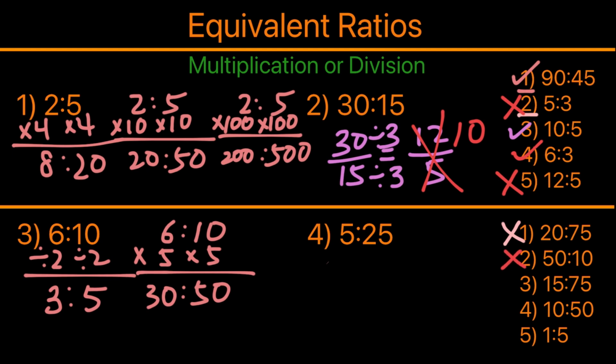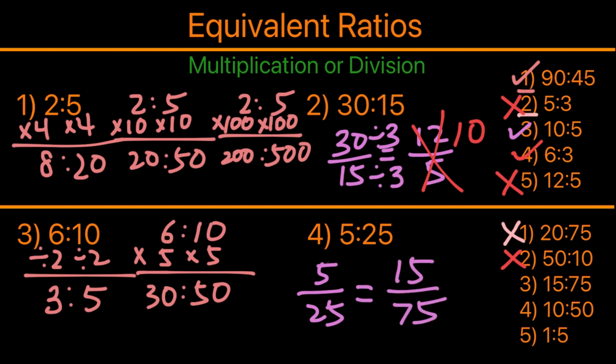Now let's go to option number 3. 5 over 25 to 15 over 75. The denominator would times by 3 to get 75. And 5 times 3, does it equal 15? And the answer is yes. So option 3 would be an equivalent ratio to 5 to 25.